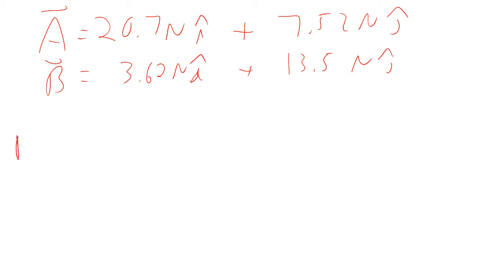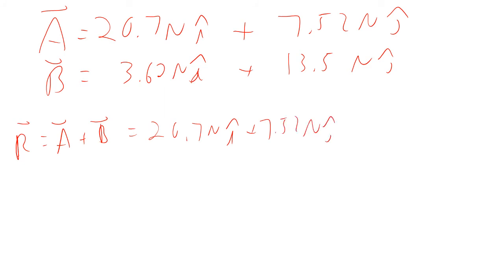Well, R is A plus B. So that's going to be equal to 20.7 newtons i plus 7.52 newtons j plus 3.62 newtons i plus 13.5 newtons j. Well, this is an algebra problem.